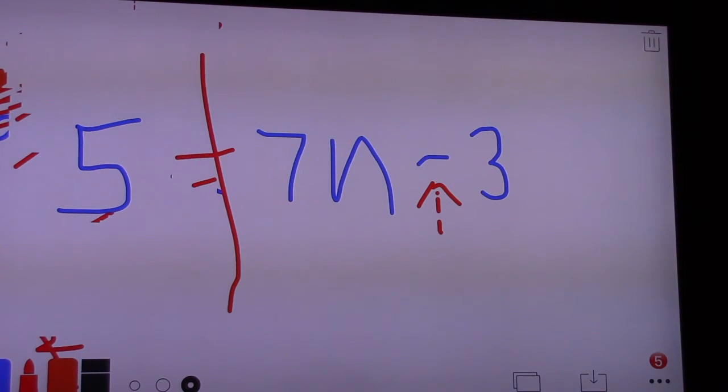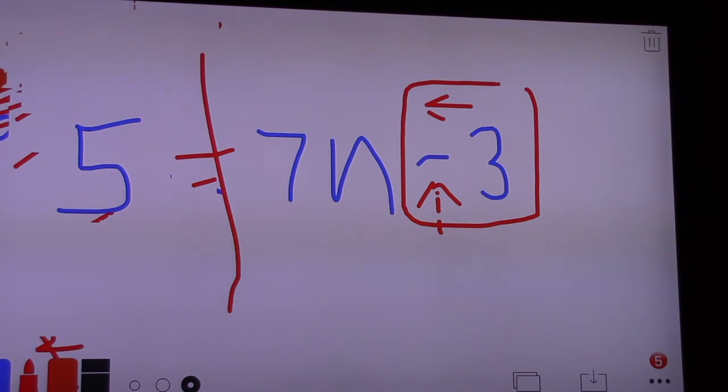Now I can take this to be a negative 3, or minus 3, or I can take this to be whatever the quantity of 7 times n is, has to have 3 subtracted from it. But when I deal with this 3, I take it and the sign in front of it and deal with it as a connected unit.